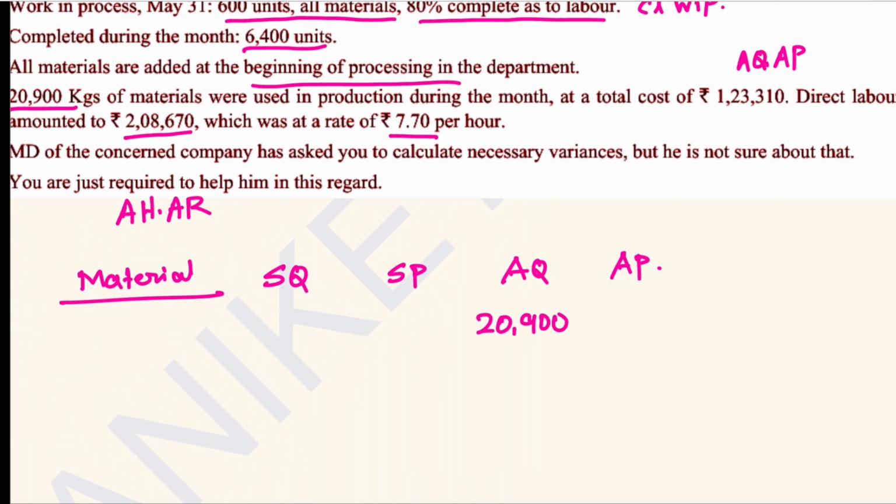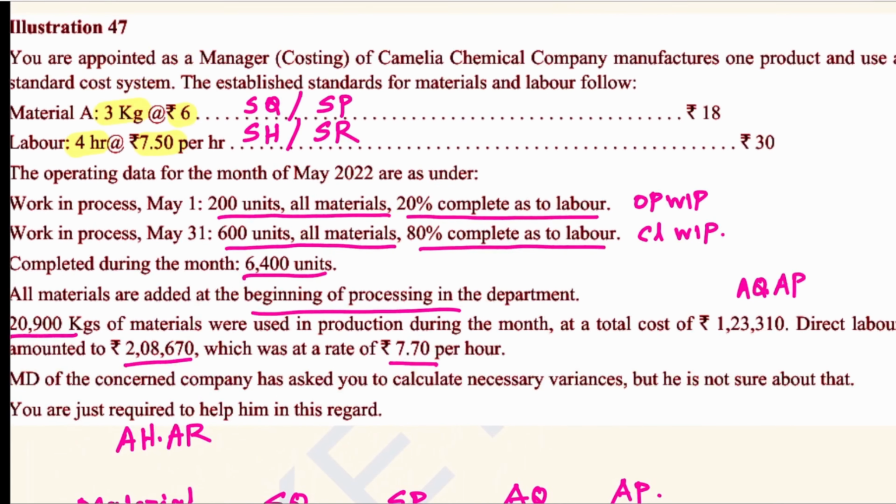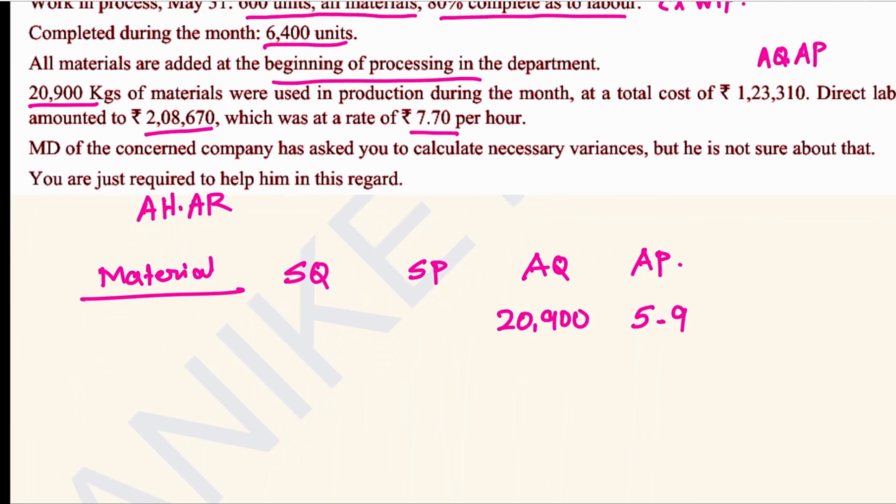Actual price, now you have to calculate actual price by dividing this total cost by the actual material, actual quantity. Okay. So 5.9 is going to be your actual price per kg. So 5.9. Then SP is given where here. So this is my SP, 6 rupee per kg.